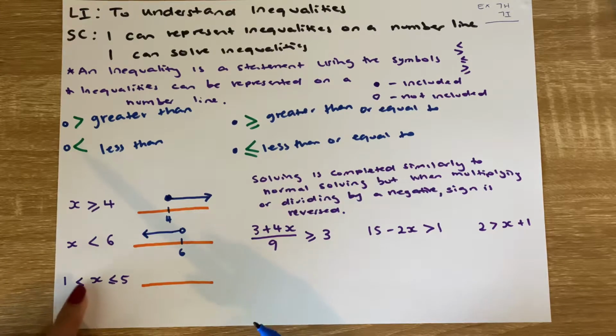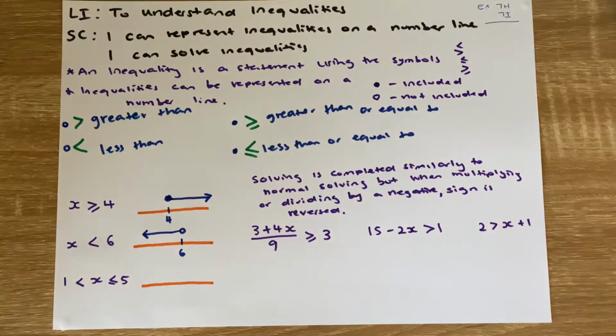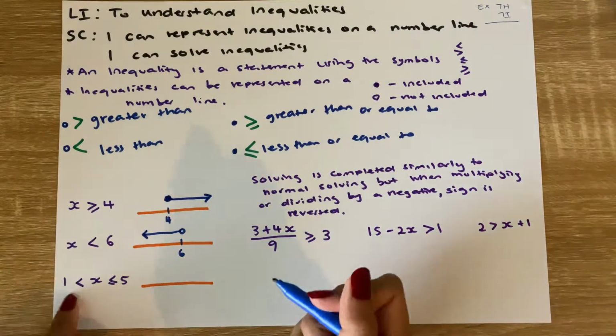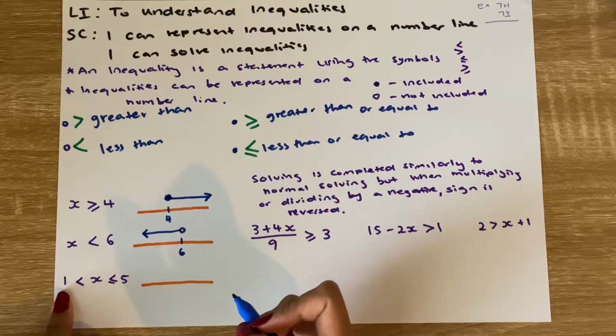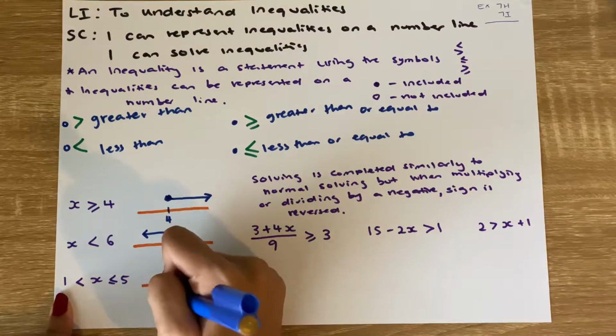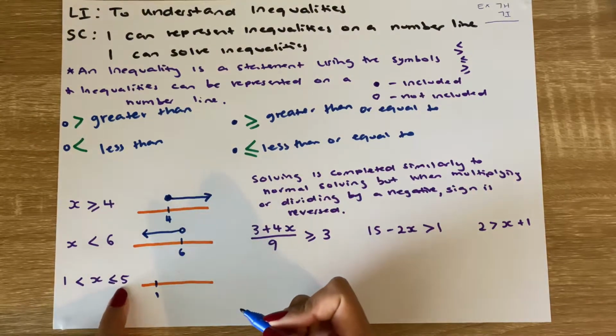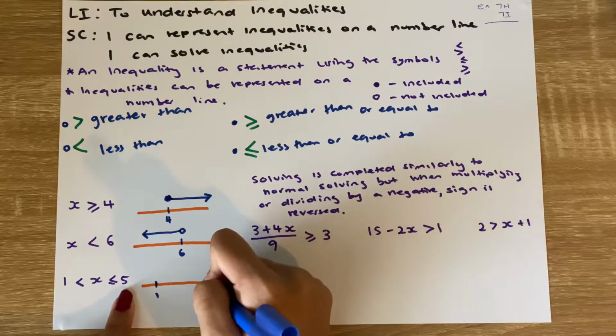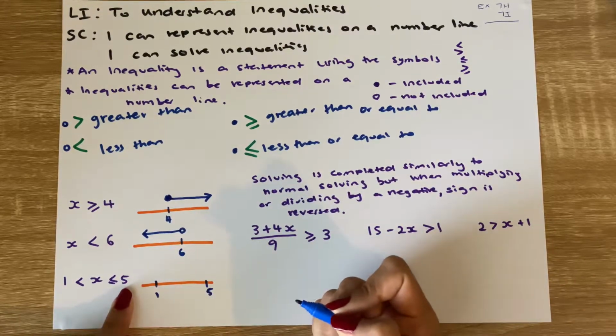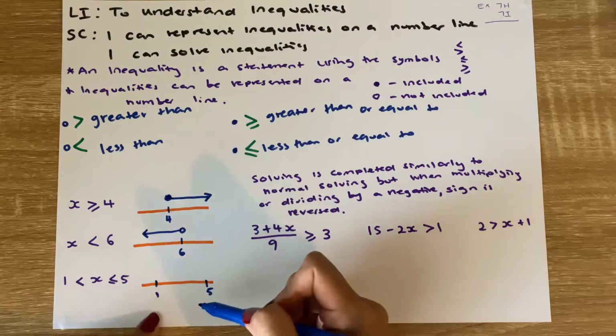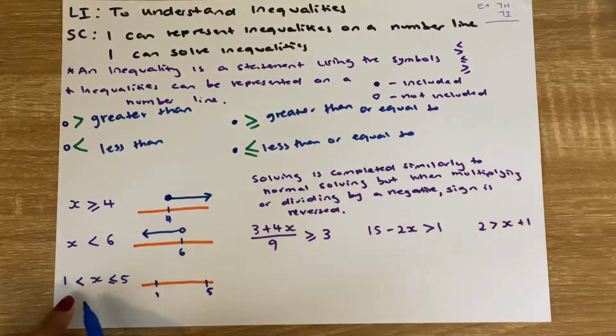When you're given something with 2 numbers, we are talking about your value being in between the 2 numbers that they've said. So what I'm going to do is I'm going to draw my first number, which is a 1, okay? And we're going to go all the way to the number 5, okay? So when I'm trying to identify whether I'm coloring in or not, I have to look at the symbol that's next to the number.